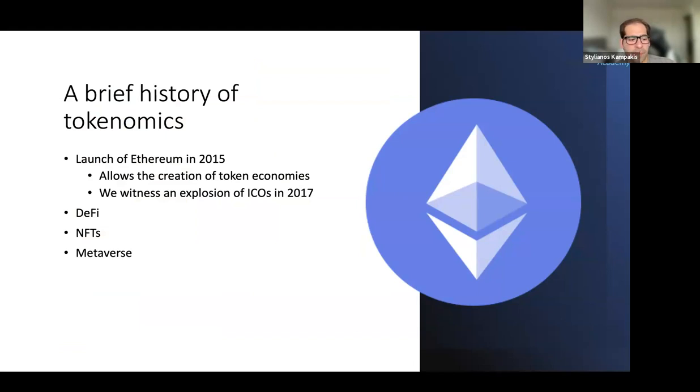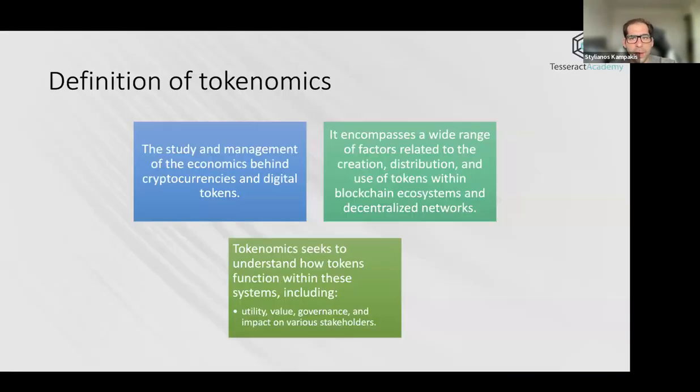Essentially, it became very easy for anyone to create a token on top of Ethereum and program this token to have whatever utility, whatever properties they wish to impose on it. And this is what gave rise then to other innovations like DeFi, NFTs, the metaverse, and lots of other things that I'm sure we're going to see in the future.